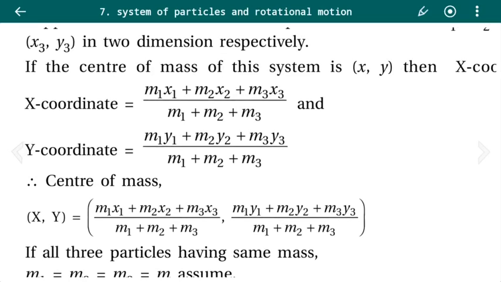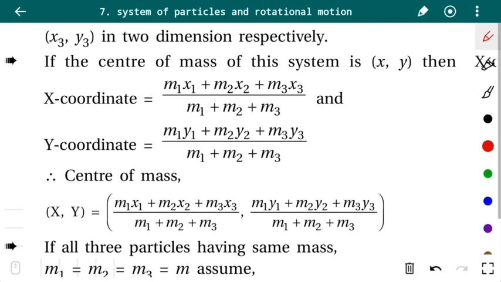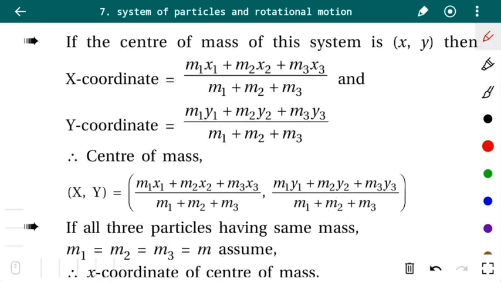So for the x coordinate, the formula is m1x1, because here we are having 3 particles and we already know that to find the center of mass, in the numerator we should have the summation of the product of the mass of the particle as well as its position.